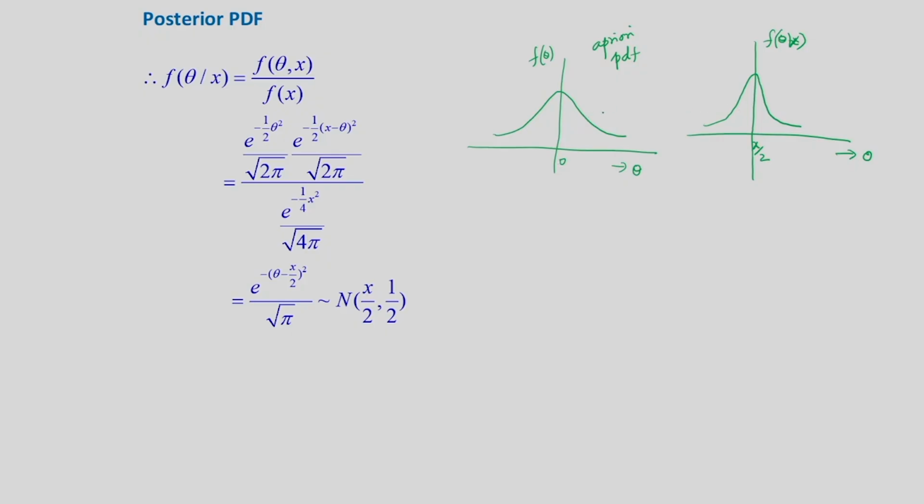Earlier this PDF had sigma square equal to 1, and here sigma square is equal to half. So, uncertainty is reduced, and the mean is now shifted towards the data. From 0 we have x by 2, so this distribution is now biased towards the actual data. That way we have the idea of prior PDF and posterior PDF.